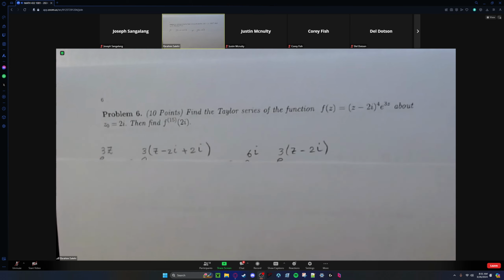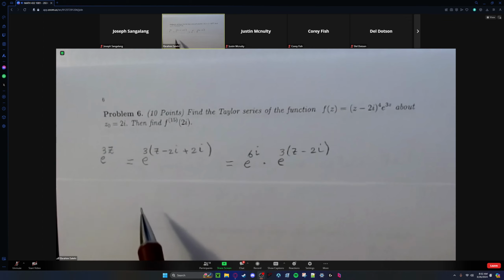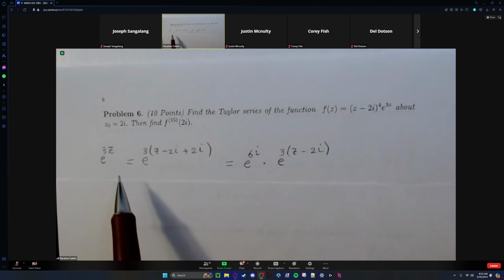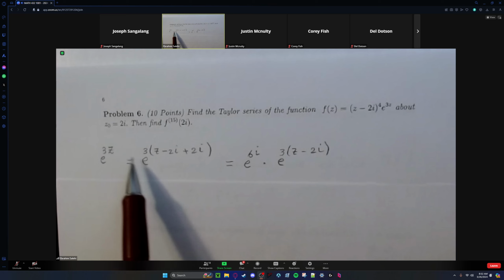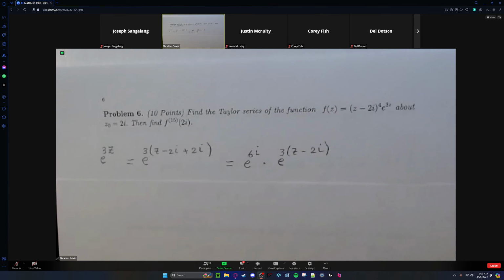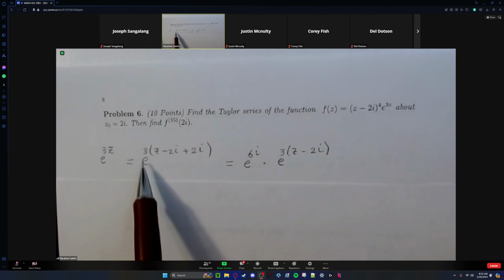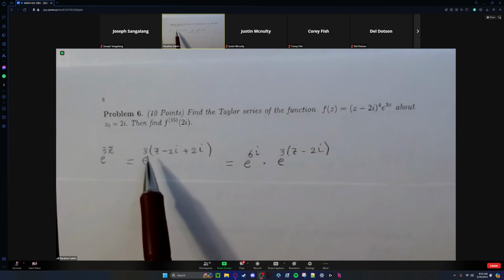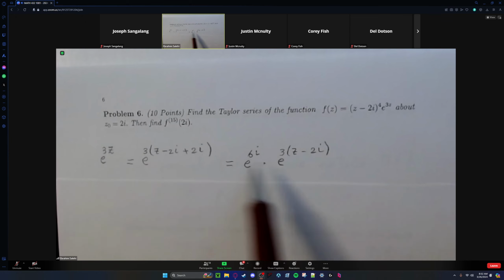If we want to write it in a power series or Taylor series in z minus 2i, in the exponent I am adding 2i and subtracting 2i. So this is e to the 6i times e to the 3 times z minus 2i.